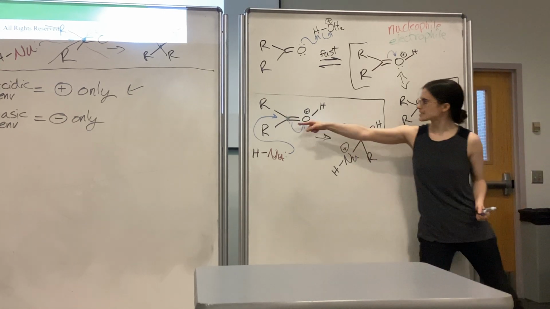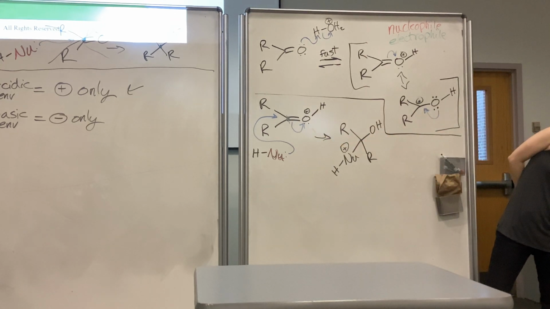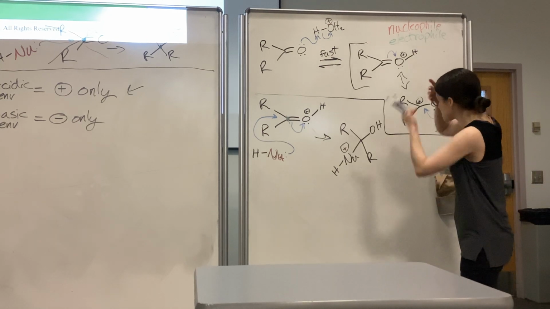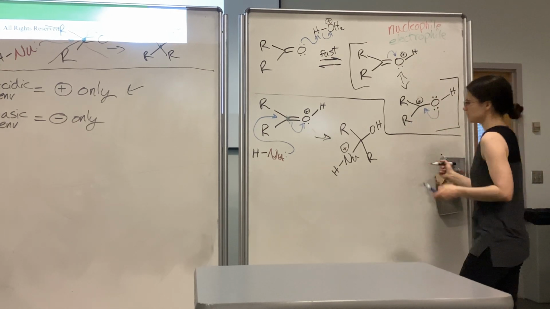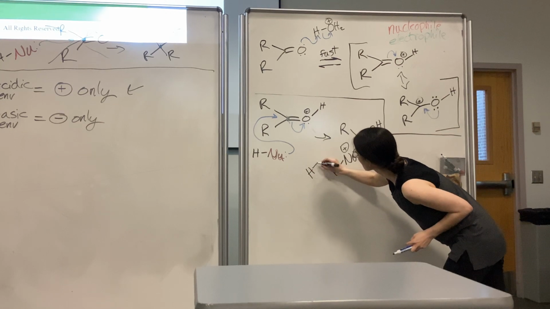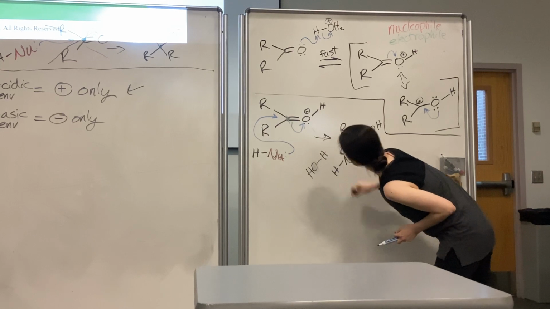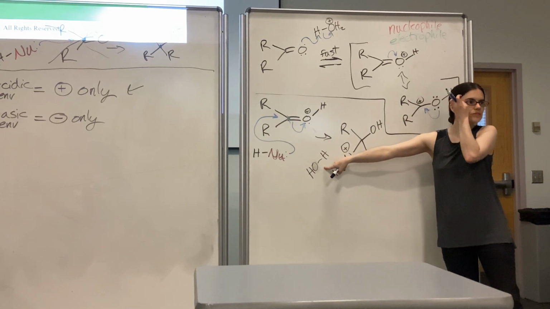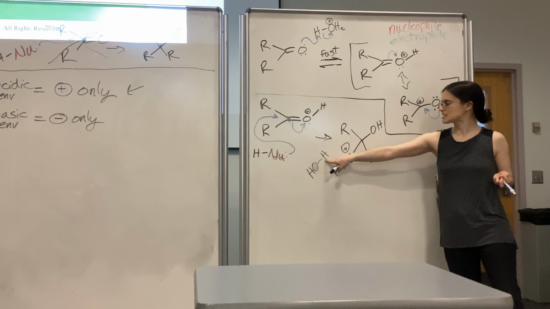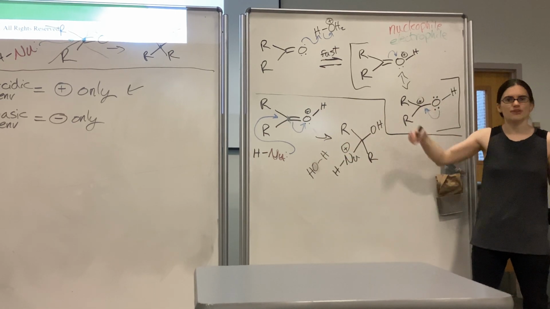So this attack step is going to be slow, right? And then we usually finish this out with, okay, that's H2O, water, but I draw it like this because it's really nice to have a bond to draw your arrows from, right?